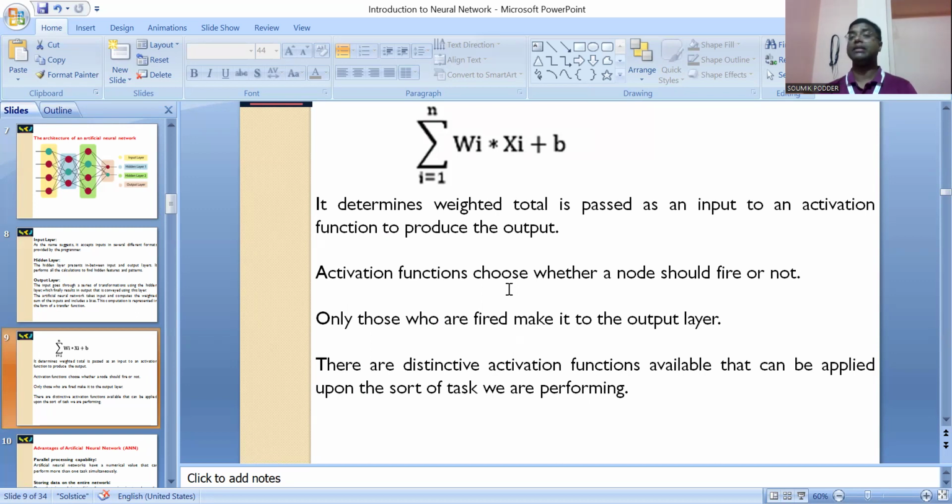Bias means it will fire the neuron so that it can easily produce the output. Many models do not use a bias, but bias is necessary for proper operation of the artificial neural network.